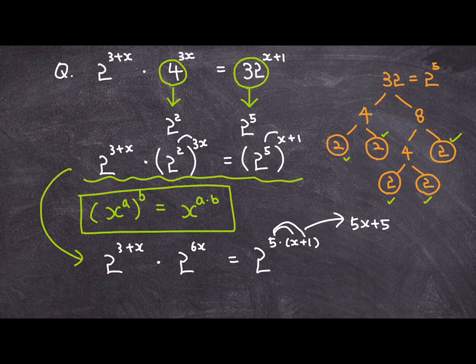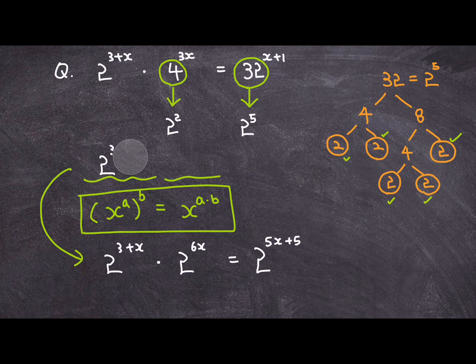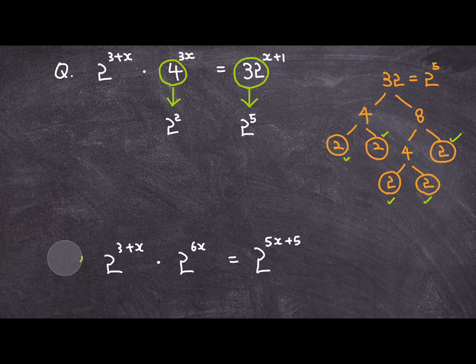So why don't I just write that down instead? So I have 2 raised to the power of 5x plus 5. That's much neater, right? So let's erase a few things and move my slide up a little bit.